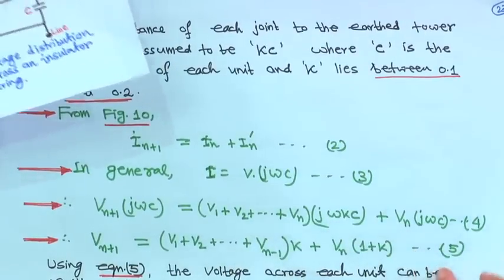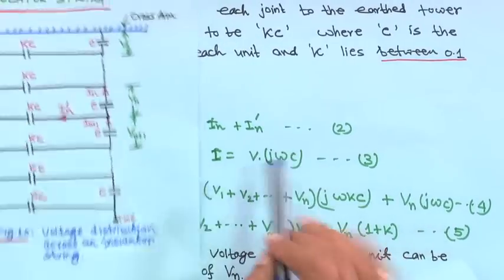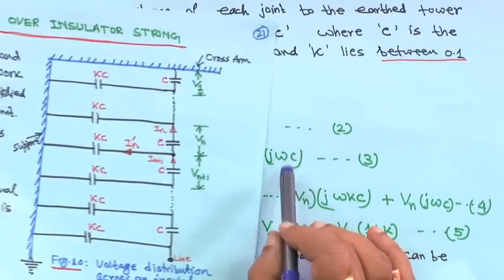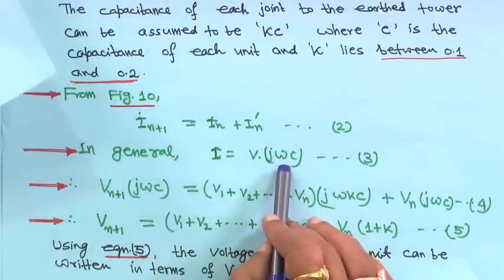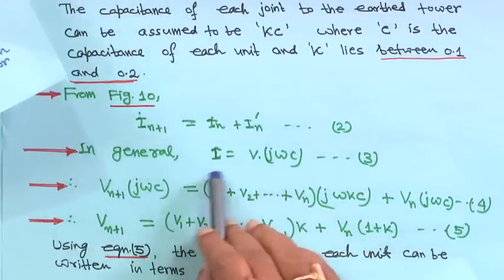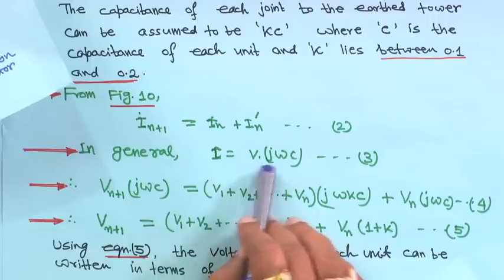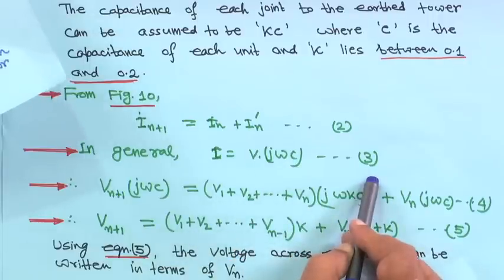Next, in general the formula is I is equal to y into V, and y is the admittance. So, y is actually equal to j omega c. So, in general I is equal to V into j omega c. This is equation 3.